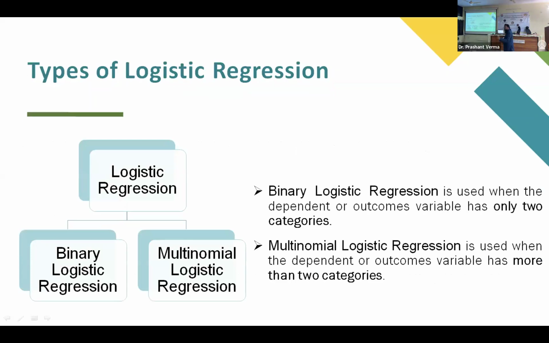In binary logistic regression, the output variable or target variable will have only two values, like in our example, cancerous and non-cancerous. In multinomial, it can be three or more classes for the target variable, like income. Based on some characteristics, we want to predict the income of a person. So it was low, moderate, and high. It can be three classes.